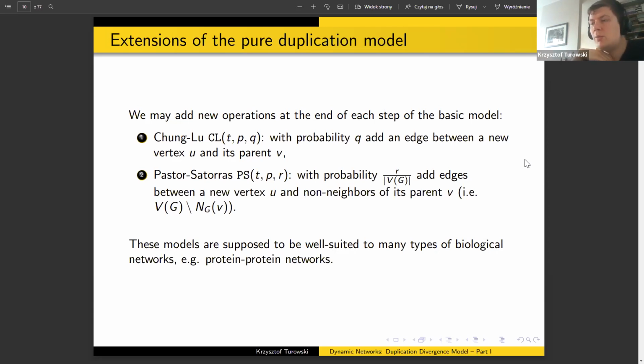But fortunately, we can fix it using another simple rule. And here are two examples of such a rule. For example, Chung and Lu proposed a model in which we have an additional coin toss to connect vertex U with its parent V at every step.